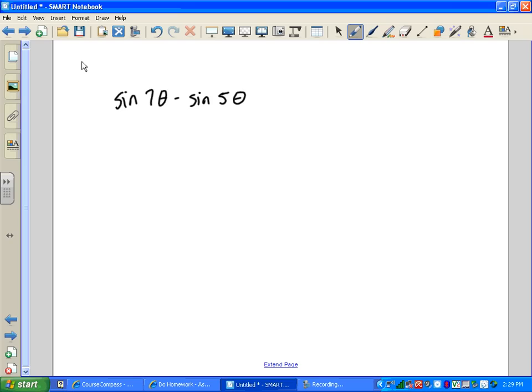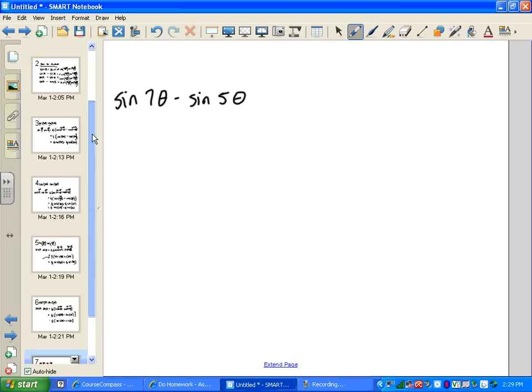So now instead of a product to sum, let's take a sum and go back to a product. So let's take, for instance, the sine of 7 theta minus the sine of 5 theta, and let's write this as a product. So I'm going to go back here, and let me copy this over from our other page.